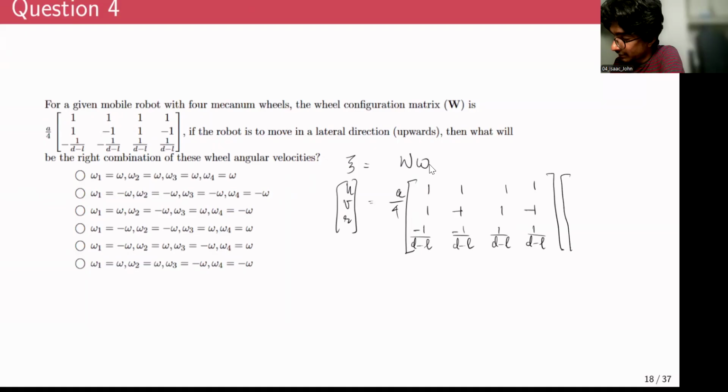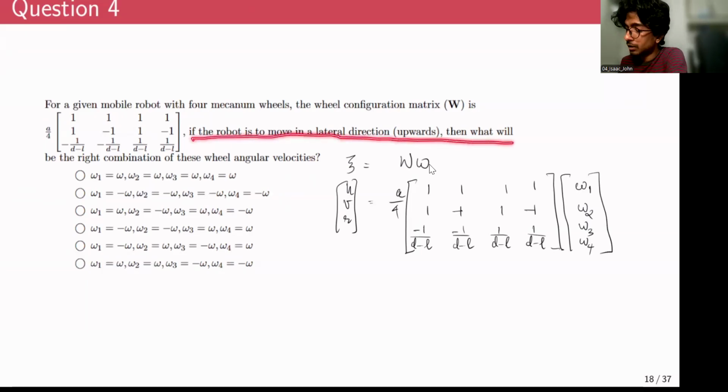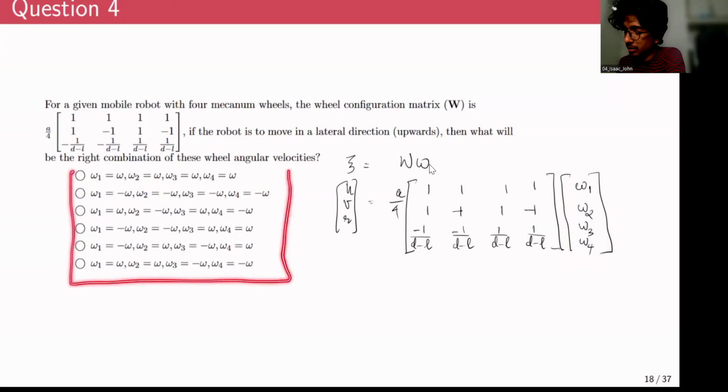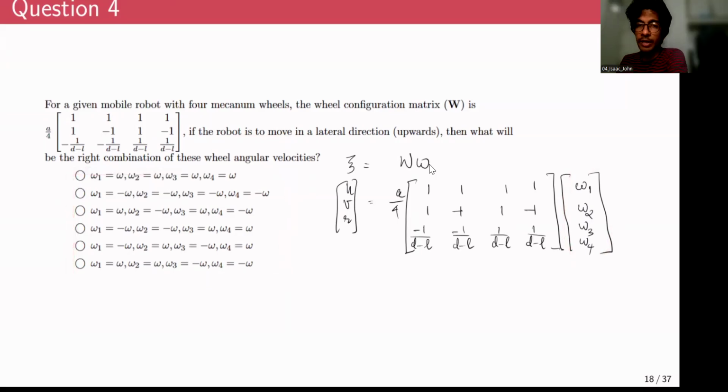And this omega vector is the vector of angular velocities, omega 1, omega 2, omega 3, omega 4. The question says, if the robot is to move in the lateral direction upward, what will be the right combination of wheel angular velocities? You have to find the right combination among the 6 options so that the robot will move in the lateral direction.